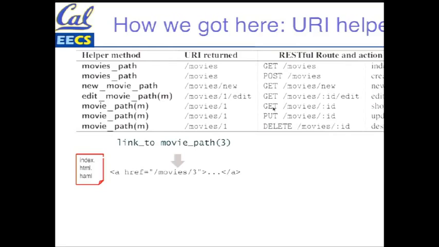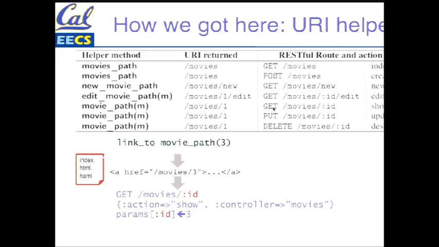From there, once that URI hits us, it's going to get looked up in the routing subsystem, which will say, aha, /movies/something matches the show action of the movies controller, and I'll take the wildcard thing, ID, and shove that into the params hash, or the params quacks like a hash. Okay?